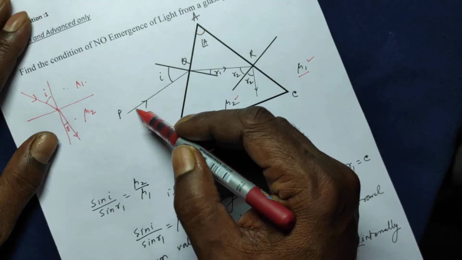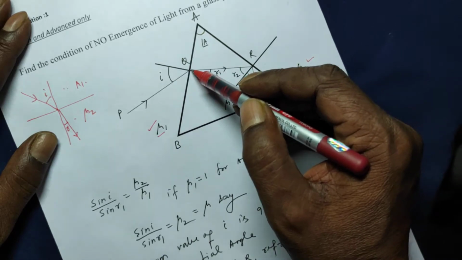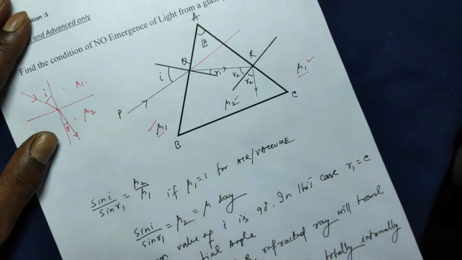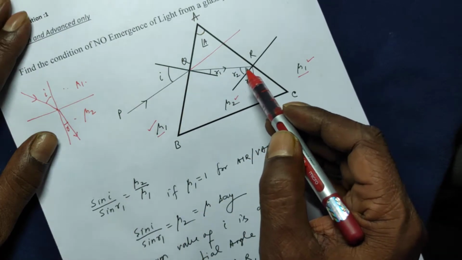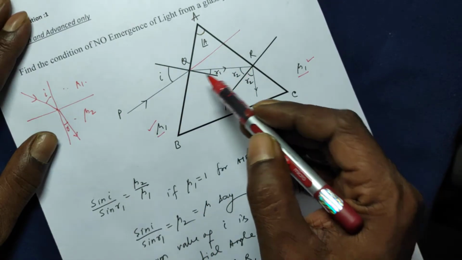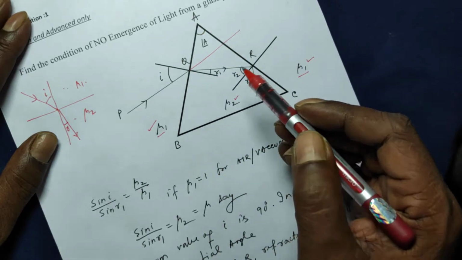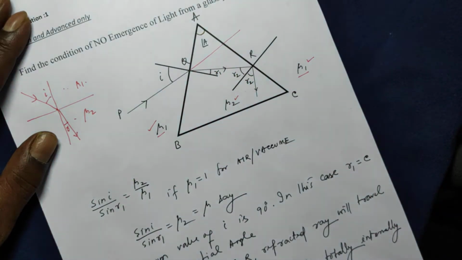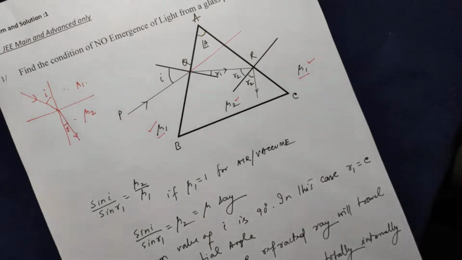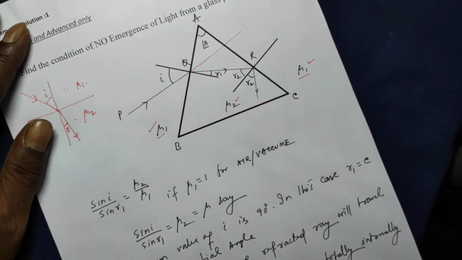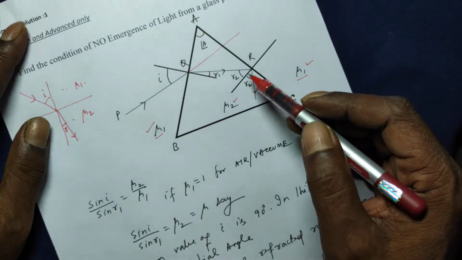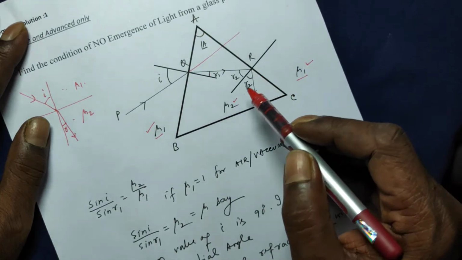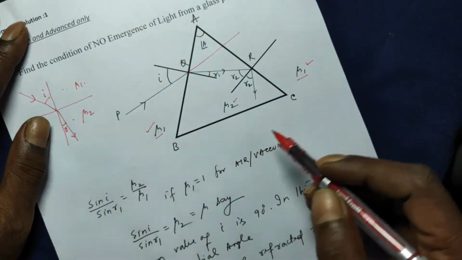And this incident ray PQ was supposed to travel in this direction, but going from rarer to denser, it bends towards the normal. So this angle is your angle of refraction. Let it be R1. Again, at point R, it is trying to be refracted, trying to go from denser medium to rarer medium.